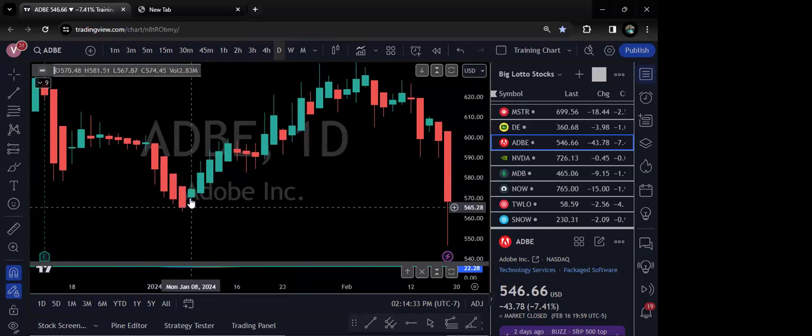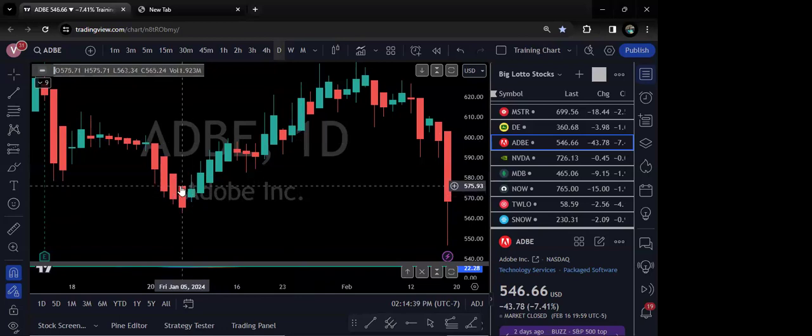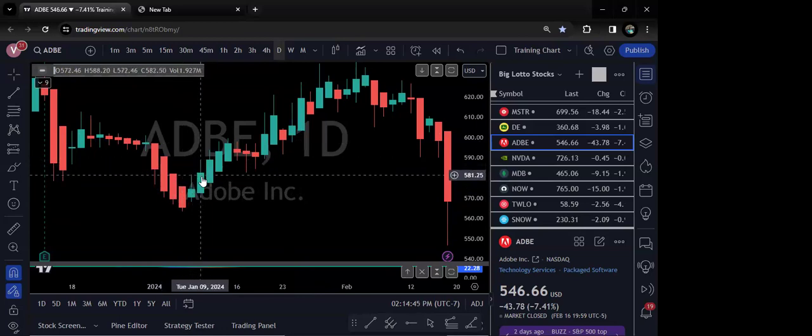For a viable, strong change of character, this candle has to close above this price. If it is not closing above it, then you have to wait for the next day. If you have this, then it means this is a strong bullish trend.